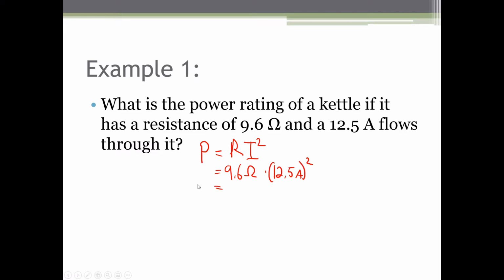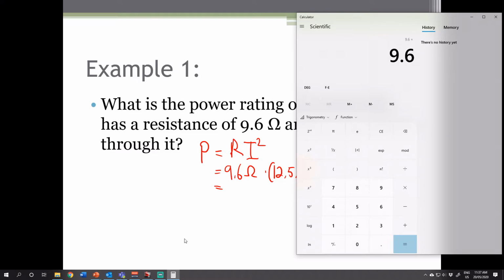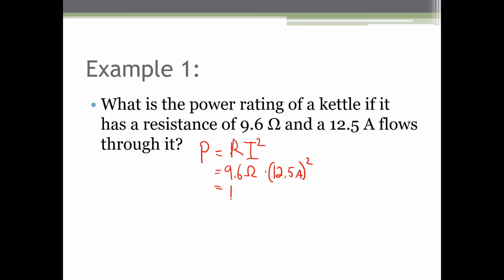So 9.6 times 12.5 squared gives 1,500 watts. At 100% efficiency, this will deliver 1,500 joules of heat energy for every second it is operated. Another way to view it is that this is how much energy it's going to use up, or can transfer, per second.